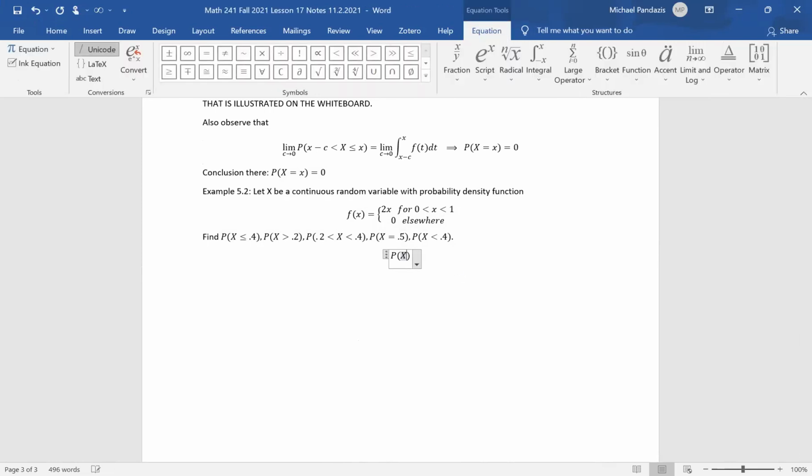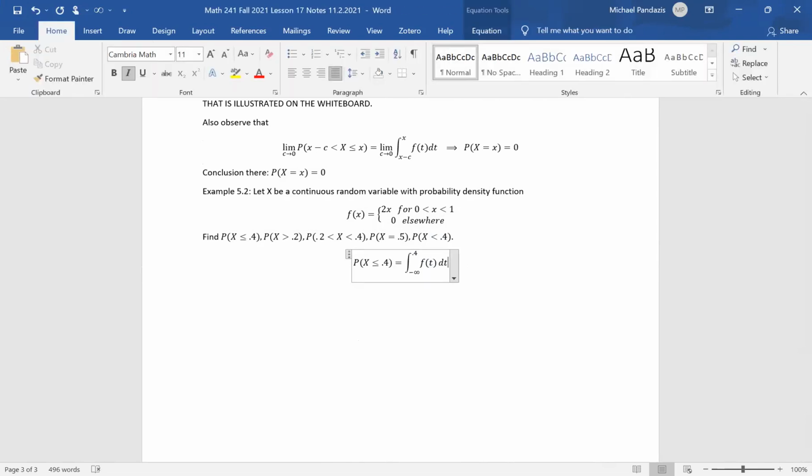So the probability that X is at most 0.4 is equal to the integral from negative infinity to 0.4 of little f of t dt.